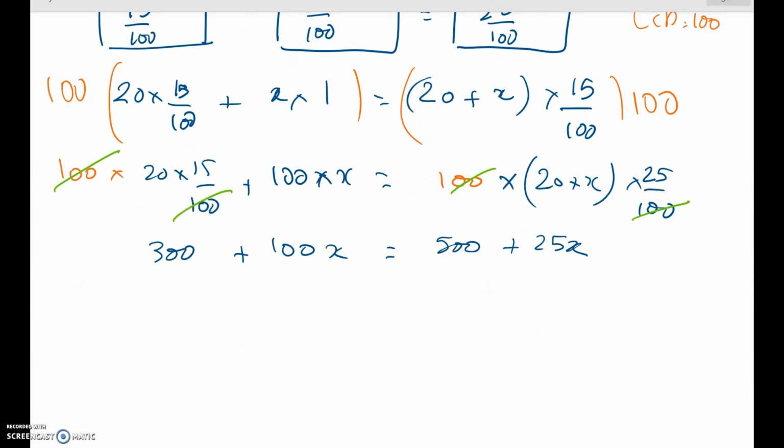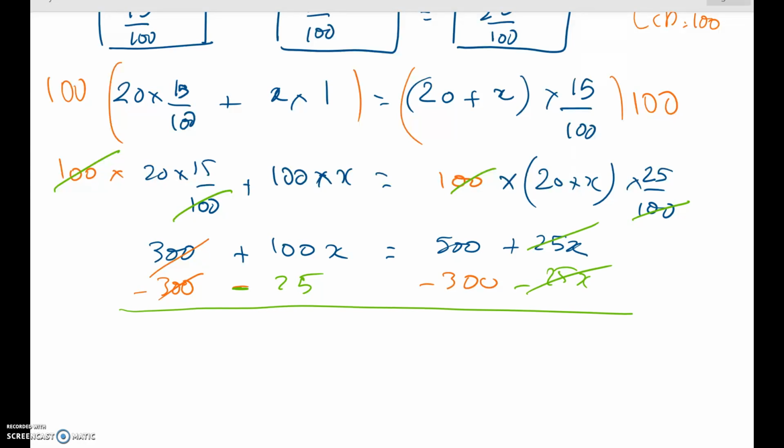How do you do that? But first you are going to subtract 300 both sides. Like this, 300 disappears on the left side. And you are going to subtract by 25x both sides. Like this, 25x cancels out. On the right side, now you have 75x equal 200.